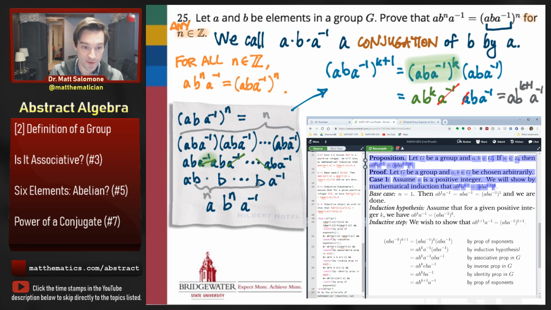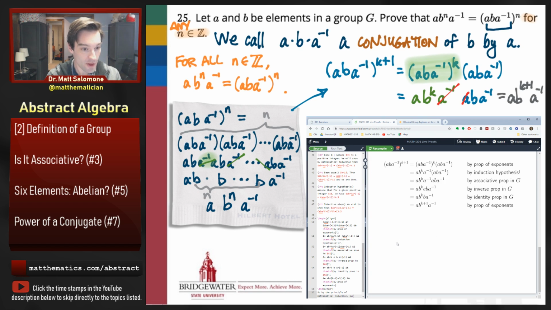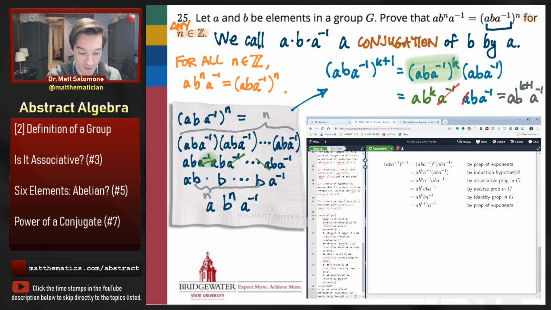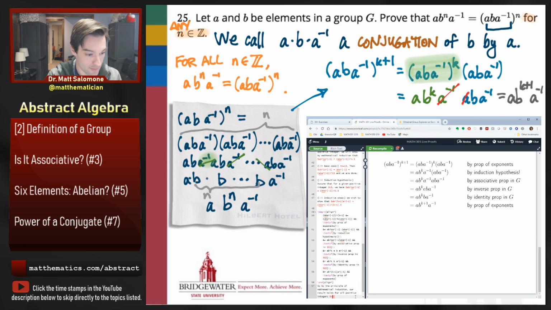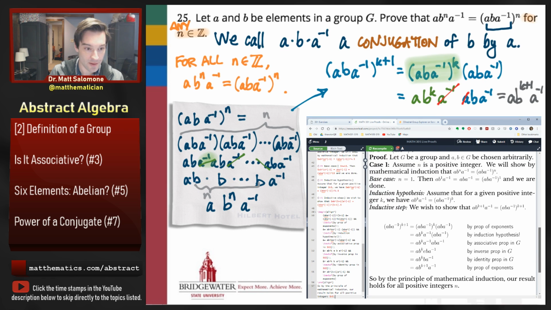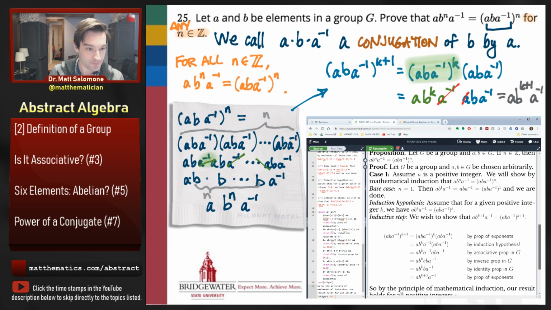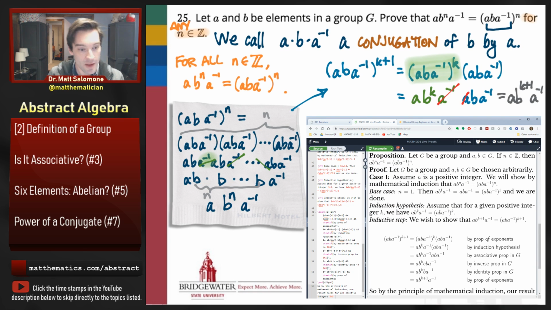We needed to show that this is true for all values of n. Our result holds for all positive integers n. There we go. So that gives us the case when n is a positive integer.